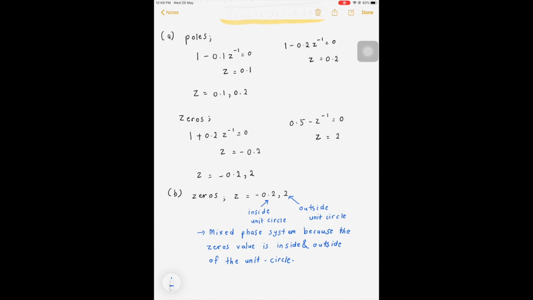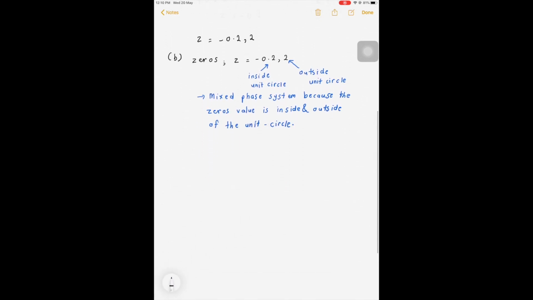Or you can say the system is a mixed-phase system because z equal to minus 0.2 is inside the unit circle and z equal to 2 is outside the unit circle. So the combination of inside and outside the unit circle produces a mixed-phase system. You can answer like that also. So done for part B.